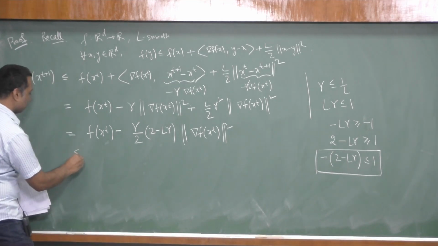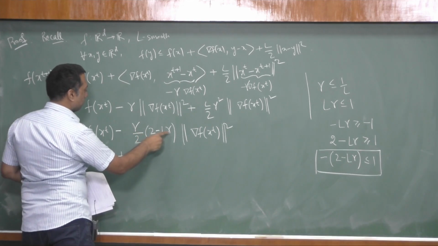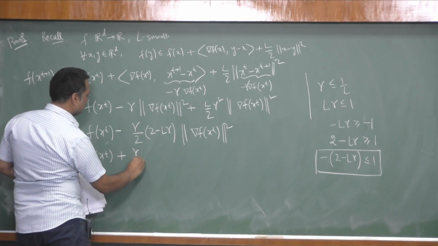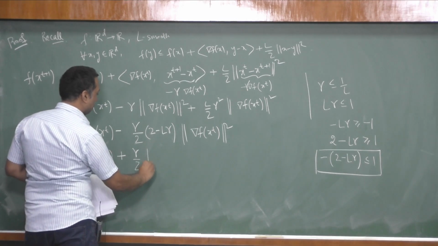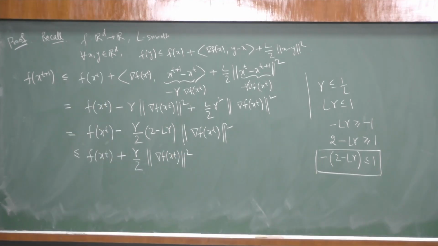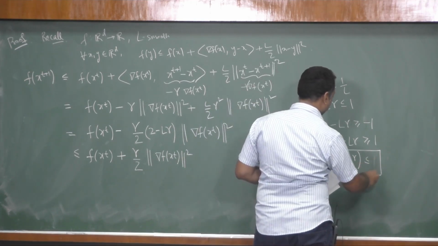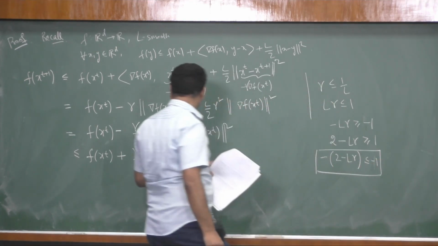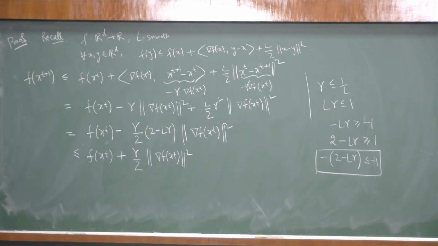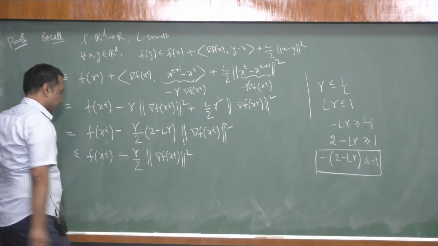Then I get less than equal to fxt plus gamma by 2, and then norm of grad f xt squared. Or there is a minus 1 on the last step, right? Yeah, I took a minus 1 again. In that case, what do I do? I replace, yeah, so this is minus 1. It remains minus then.